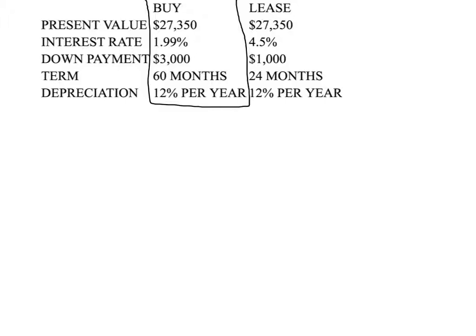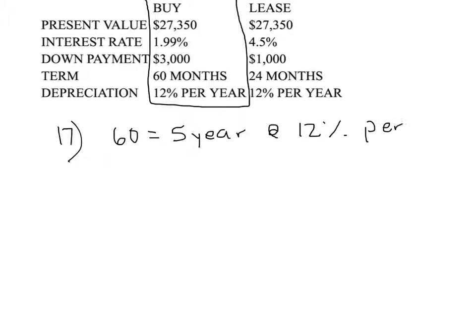So the first thing we have to do for number 17 is figure out, okay, our term is 60 months. So we have to say, well, 60 months equals 5 years. And it's going to depreciate at 12% per year.